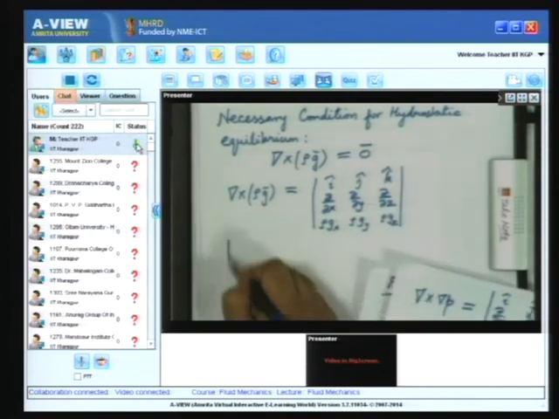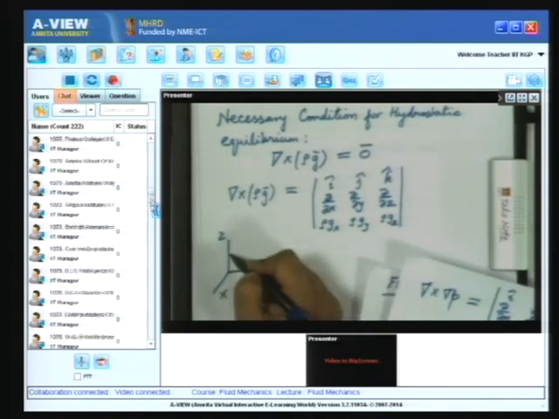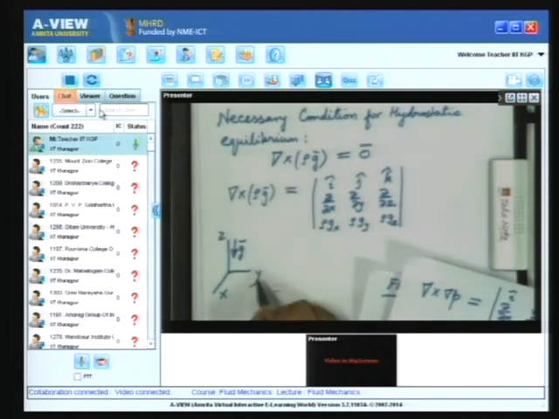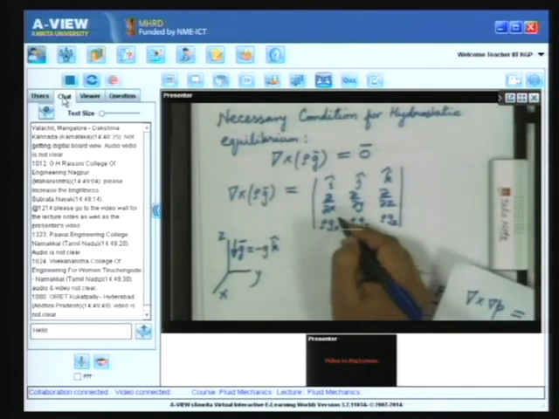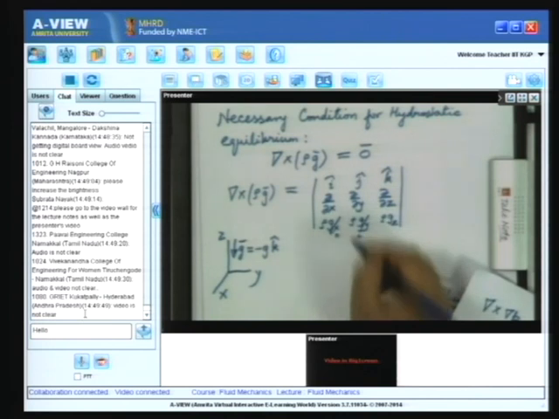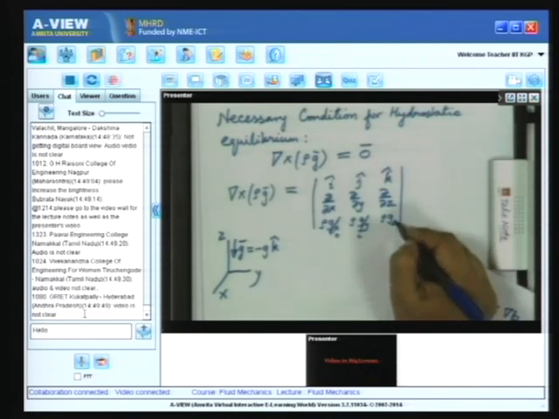Now, let us say we use the coordinate system which we used in the morning, with z vertically upwards and g downwards. Then we know that g is minus g k. So, g x is 0, g y is also 0 and g z is minus g. So, if this is minus g, then this is minus rho g.